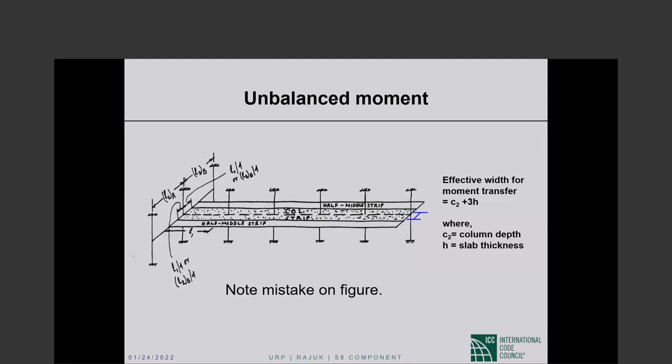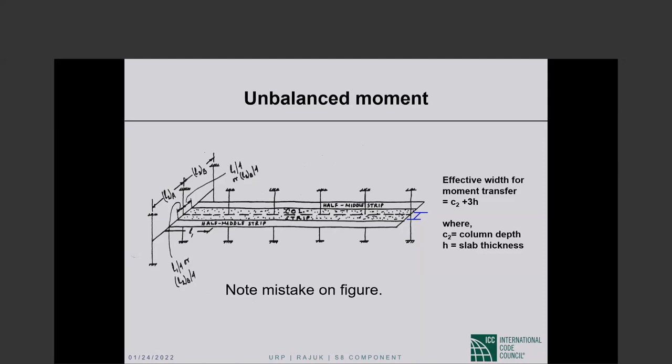The portion of the unbalanced moment at a support section that is transferred by flexure, which is about 60% of the unbalanced moment, the reinforcement that you need to resist that moment must be placed within a narrow moment transfer band, I'm going to call it.